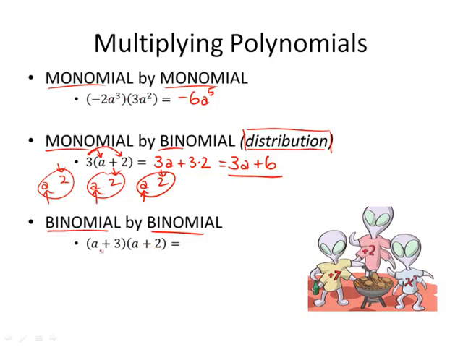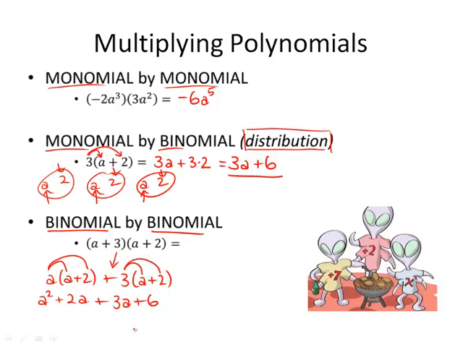To write it out slowly, this could be seen as taking a times a plus 2 and 3 times a plus 2, which then gives us a times a, which is a squared, a times 2, which is 2a, plus 3 times a, which is 3a, plus 3 times 2, which is 6.